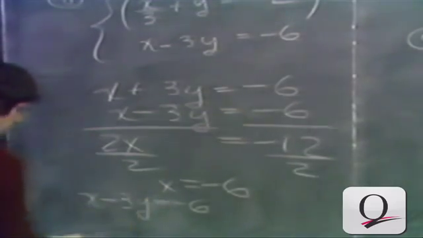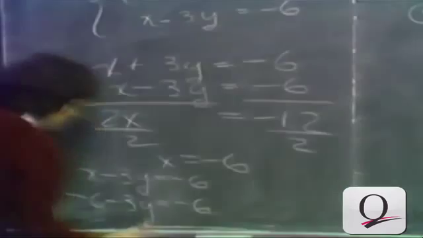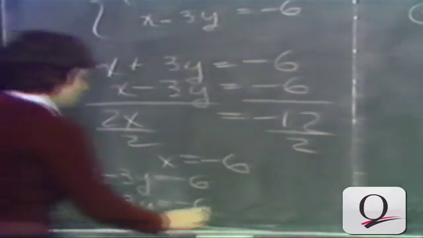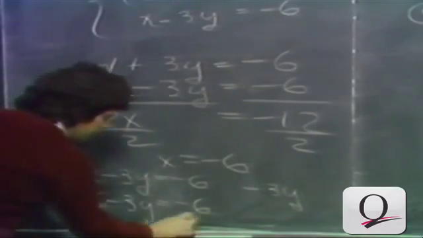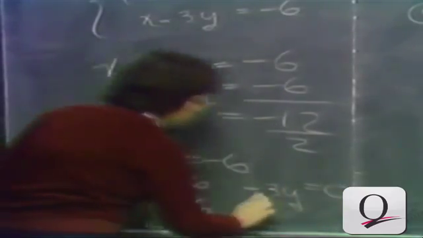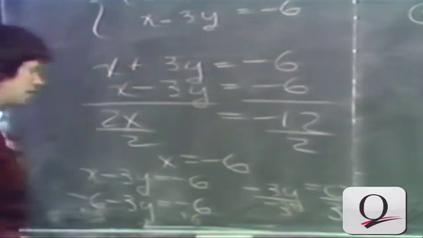If x is equal to minus 6, minus 3y equals minus 6. We add 6 to both sides, and we get minus 3y equals 0. Dividing through by minus 3, we get y equals 0.